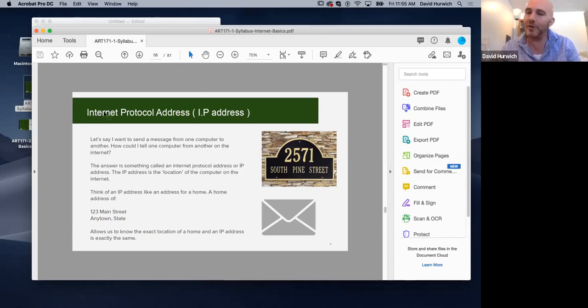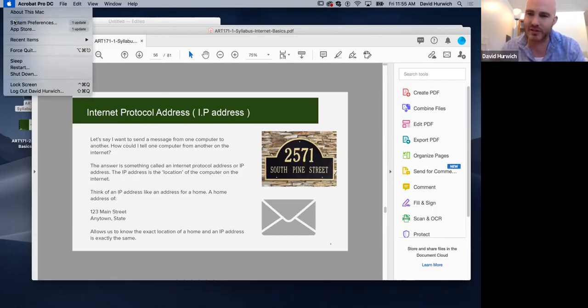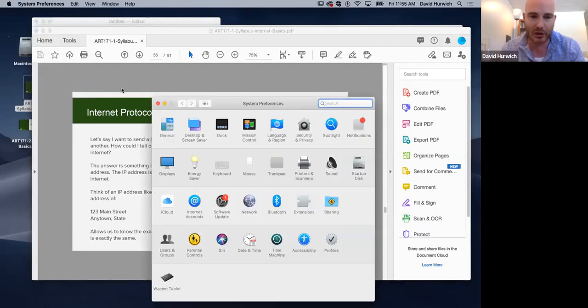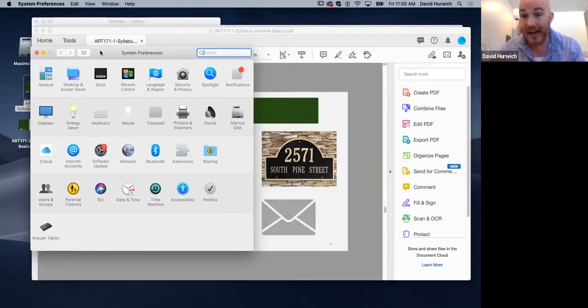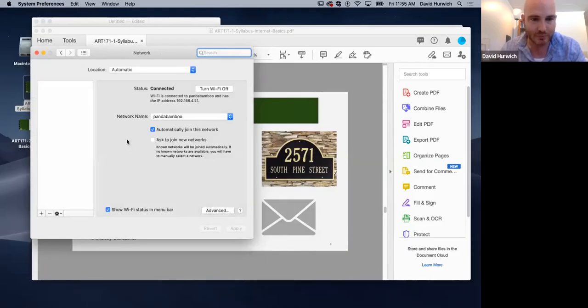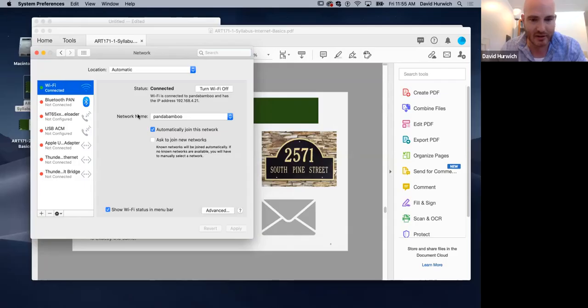So if you have a computer, you might want to see what your IP address is. I can show you really quickly on this Mac. If you go to your system preferences on a Mac, and you want to see what your IP address is, you could go to network, and then I'm going to go under advanced.